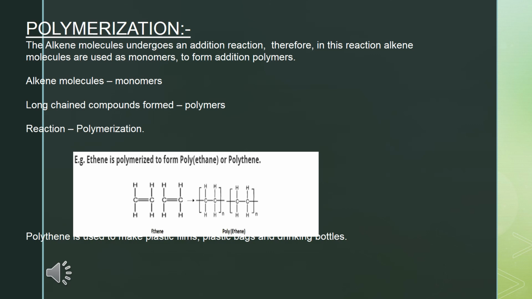The long chain compounds formed in the product are the polymer, and the process is termed polymerization. Through polymerization we can make plastics, for example polythene, which is used to make plastic film, plastic bags, and plastic bottles.